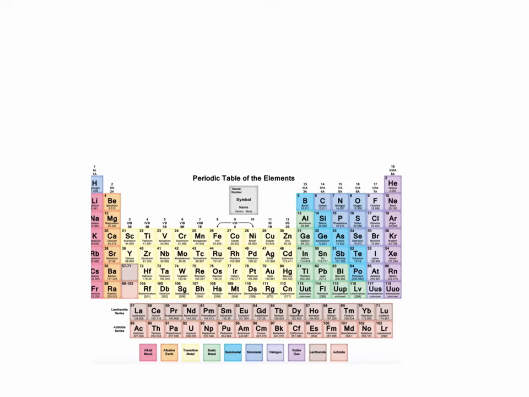Let's go ahead and do some more practice with that. Let's take, for example, beryllium. If I asked you to do the electron configuration for beryllium, I'd press pause and try to do it on your own. Okay, so we're going to start at the top. 1st energy level, s orbital, and there are 2 of them. 1s2.